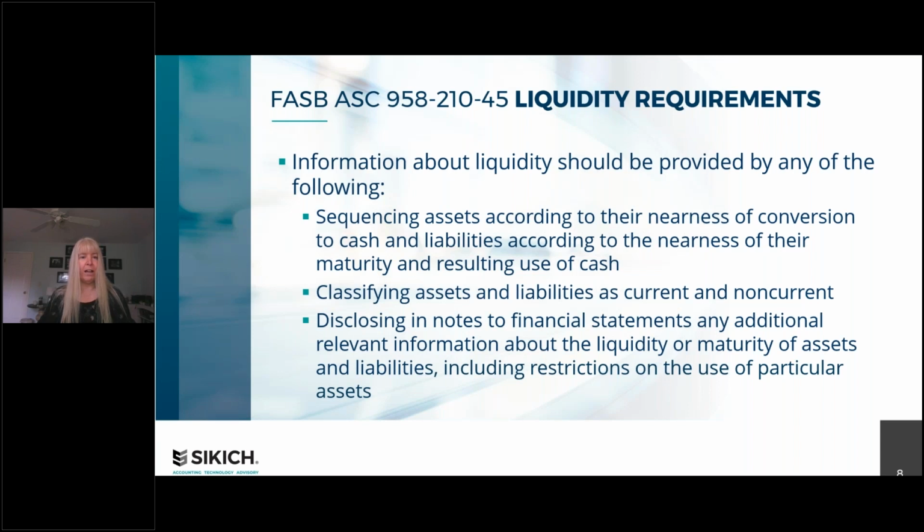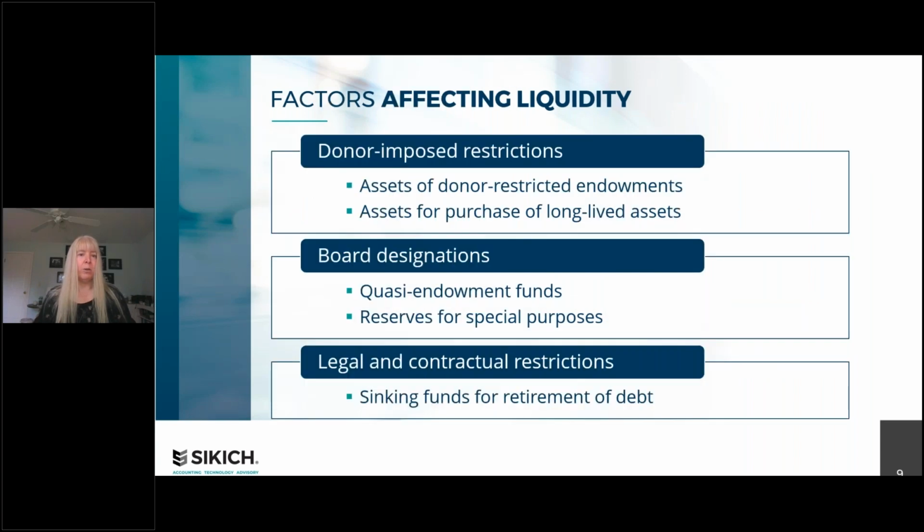So either sequencing assets according to their nearness of conversion to cash, and sequencing liabilities according to the nearness of maturity and resulting use of cash, or presenting a classified statement of financial position where the assets and liabilities are separated into current and non-current, or disclosing in the notes to the financial statements any additional relevant information about the liquidity or maturity of assets and liabilities, which would include restrictions on the use of particular assets.